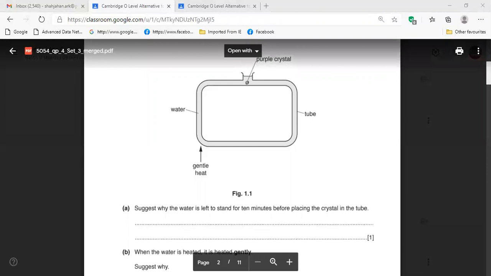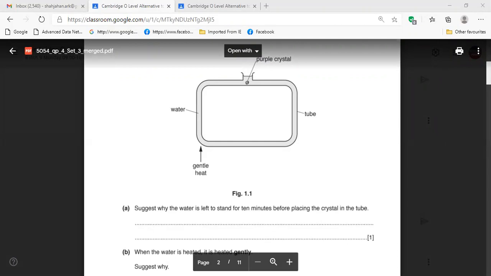Sir, if we write so that the diffusion occurs only for the convection, why would that not be right? Yes, you can write that. You can write that as we are going for the direct answer. If you write that, that is also accepted.